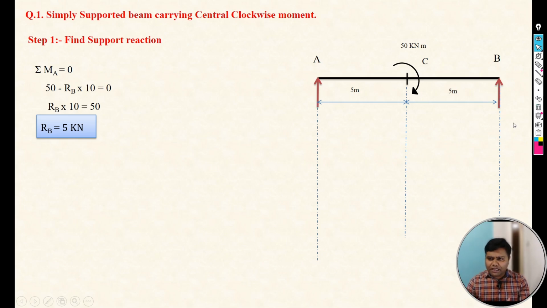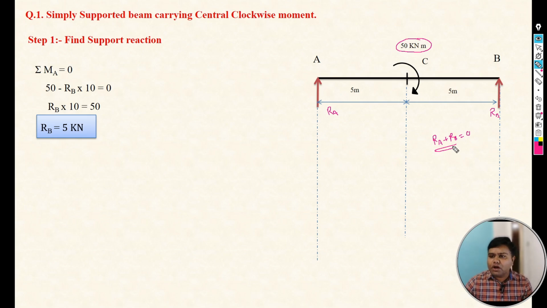Now similarly we can apply the other equilibrium condition, summation Fy equals 0, meaning the sum of all vertical forces equals 0. Here we have considered RA upward, and this support reaction is also upward. So RA plus RB. Why plus? Because both support reactions are going upward. We are not taking this 50 kilonewton meter in the summation Fy, because it is a moment.